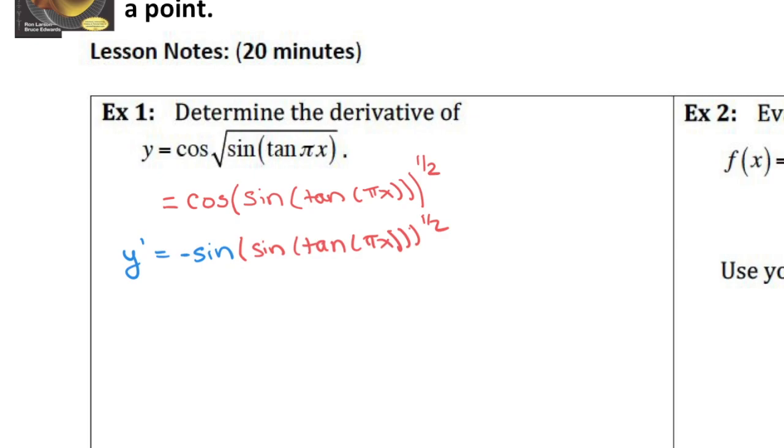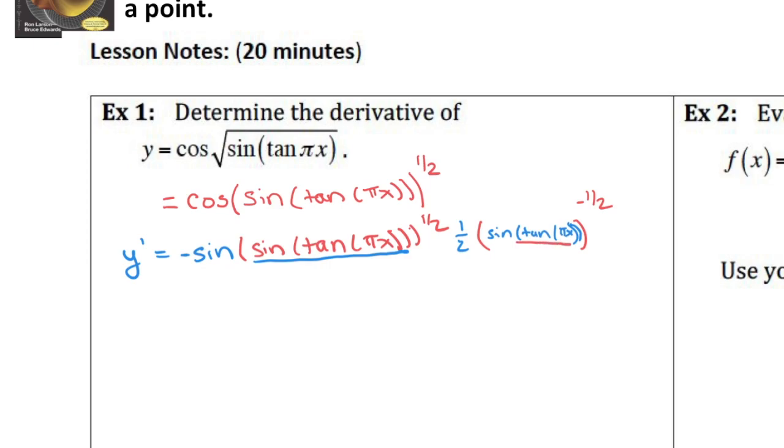The 1/2 is now part of the outer shell, and the derivative of a function using our power rule is 1/2. And we're going to keep the inside again raised to the negative 1/2 power. And as we keep the inside function, we have the sine with a tangent at its angle, and the tangent's angle is pi x.